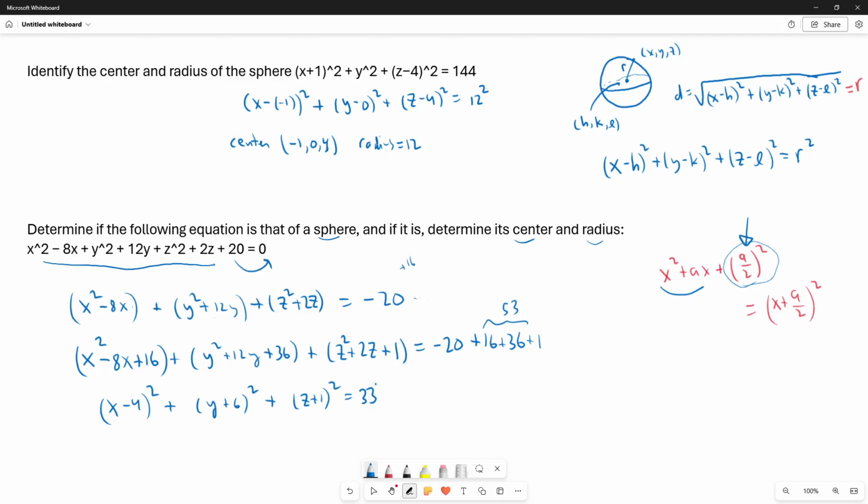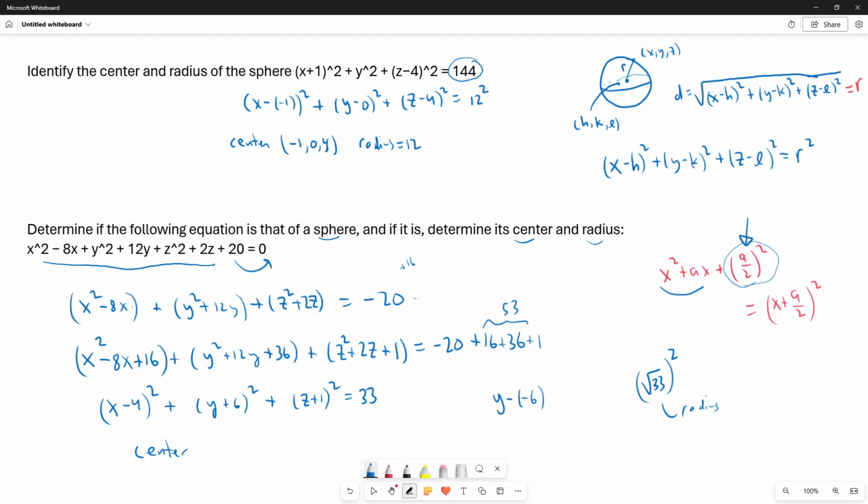Sometimes we see a nice number here that is a perfect square, like 144, which was 12². For 33, the best we could do is say it's the square root of 33. So our radius is going to be the square root of 33, and the center is at h, k, l, where we have to add minus signs in here. So y + 6 is the same as y − (−6).